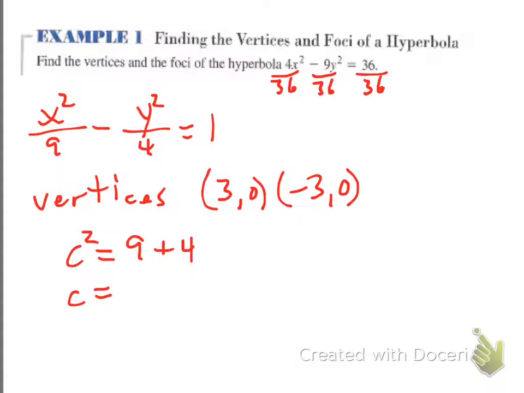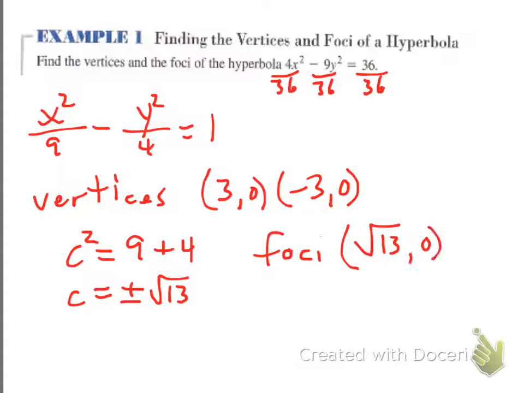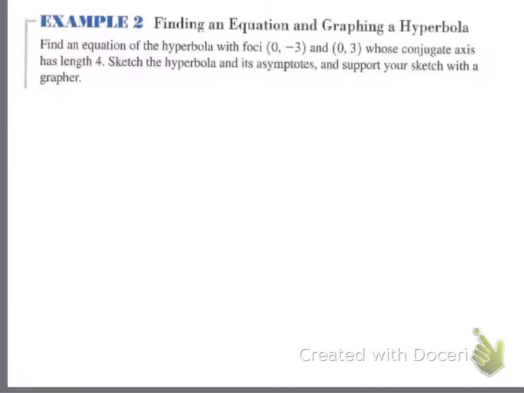So c is plus or minus radical 13. So our foci are radical 13, 0, and negative radical 13, 0. And remember, the vertices and the foci are always on the same axis. And it's the x-axis in this case because 9 is under x squared, and that's the bigger number.